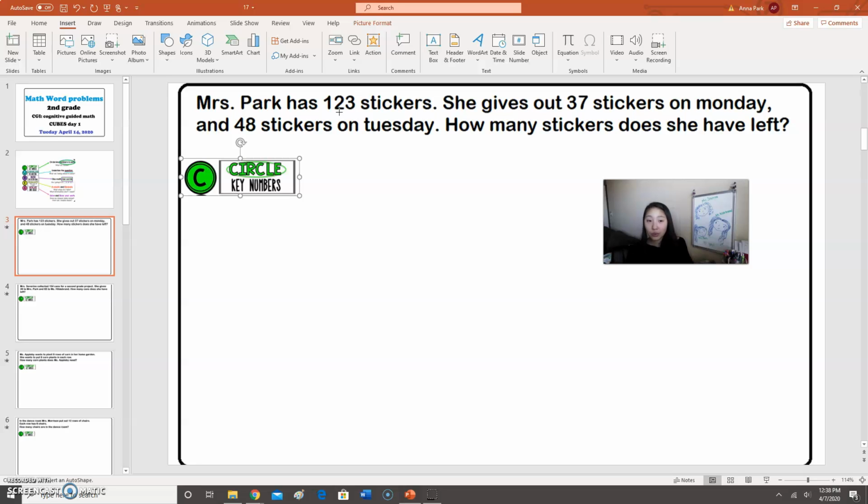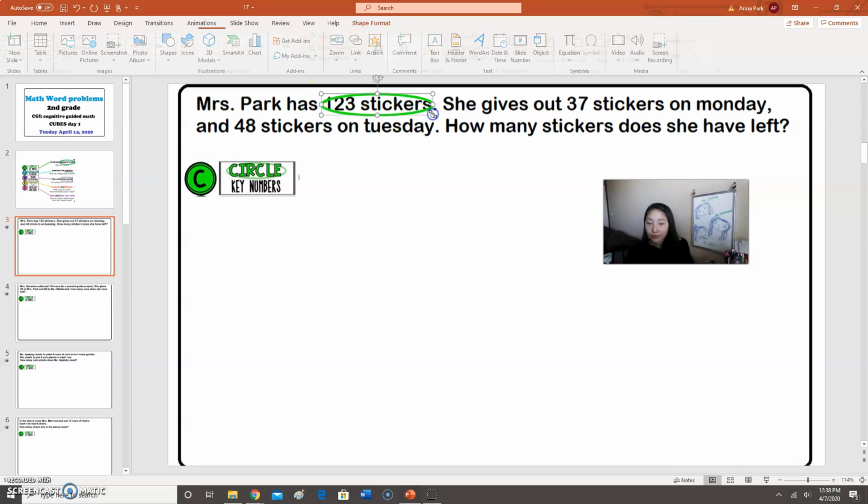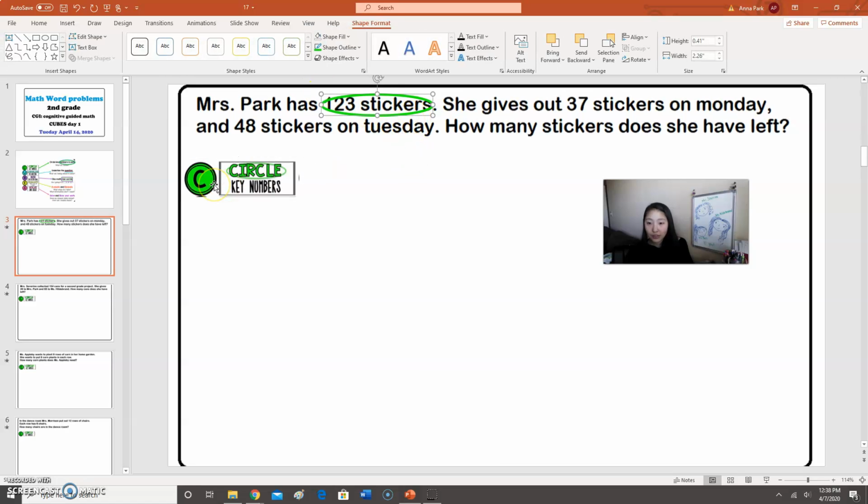Now we're going to circle them together. The first thing I would circle on this one is 123 stickers. I'm doing it in green so that you see that we're following the colors. The next one is she gives out 37 stickers on Monday. So again, you're going to circle the unit and the number.